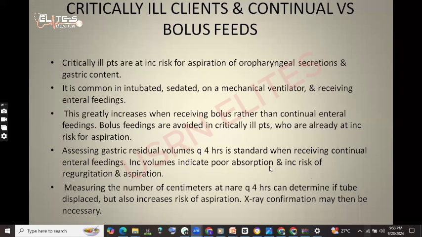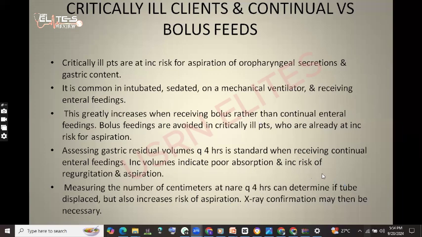So when you check and you have increased volume, you compare the amount you've given within the 4 hours, the set flow rates added up over the 4 hours, and if it is almost the same as what you find in the stomach as gastric residual volume, it means the patient is not absorbing the food.